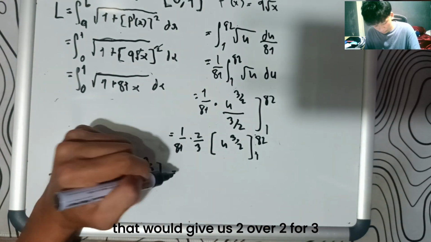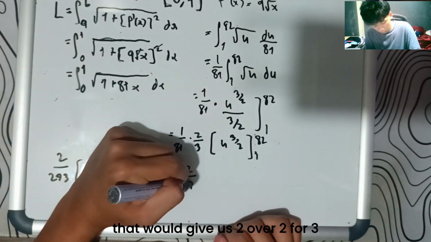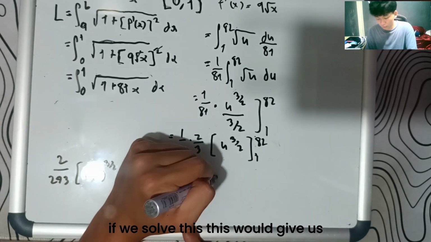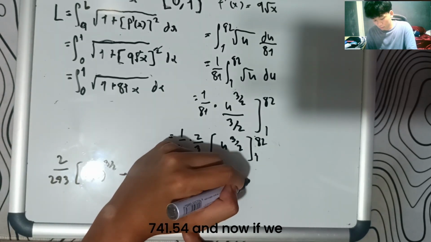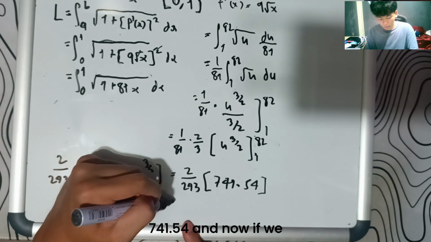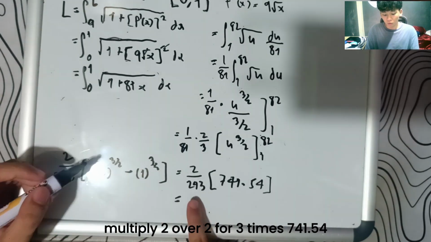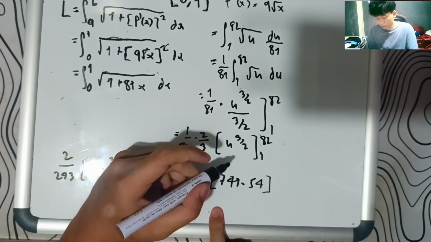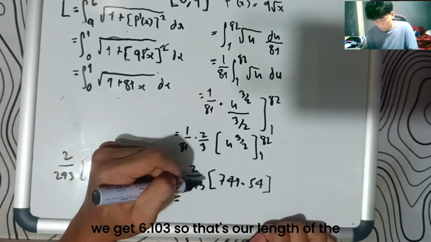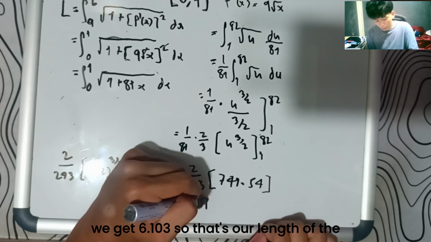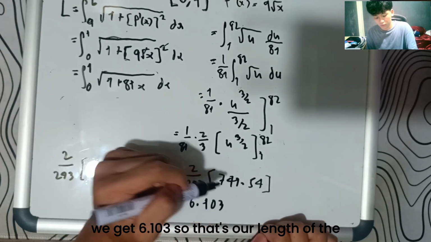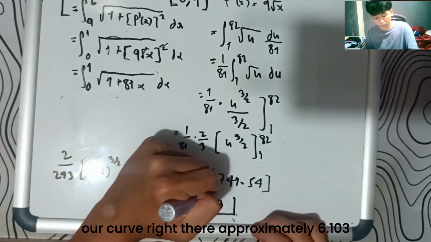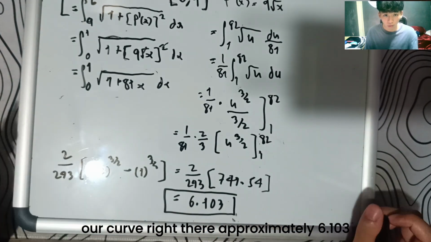If we solve this, this would give us 741.54. And now if we multiply 2 over 243 times 741.54, we get 6.103. So that's the length of our curve right there, approximately 6.103.